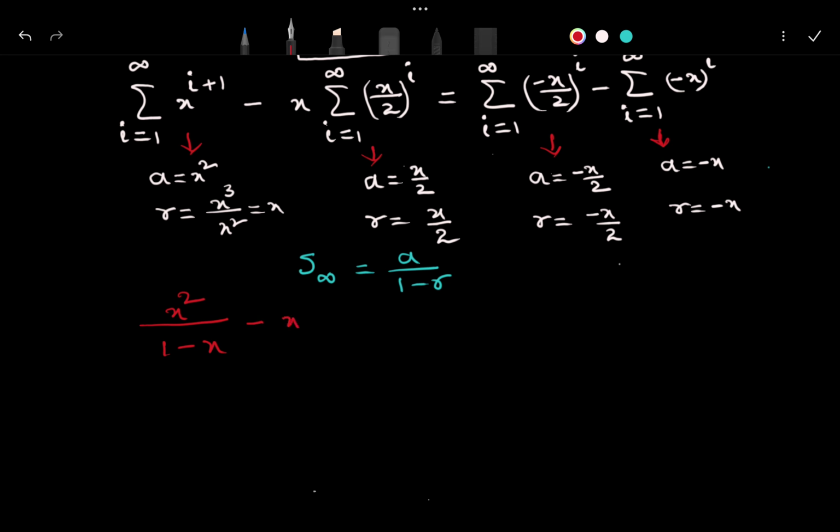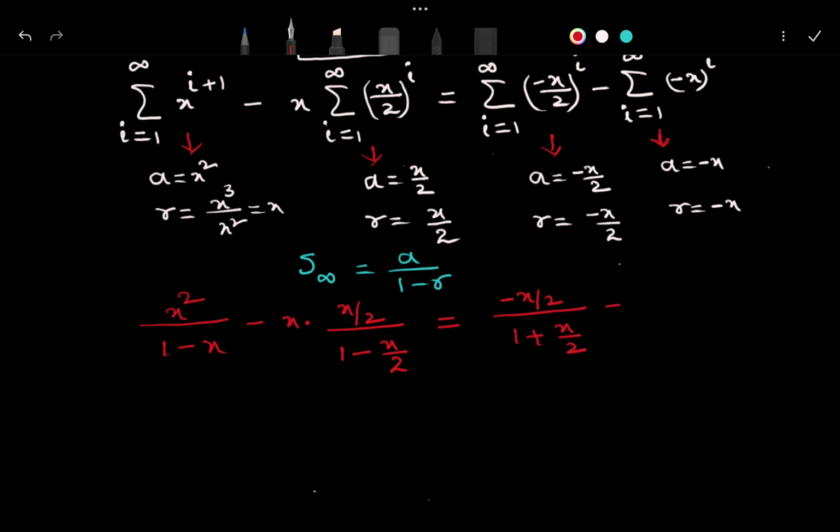Minus x into first term x by 2 divided by, common ratio is also x by 2, this one will be x by 2, is equal to, here the first term will be nothing but minus x by 2 divided by, common ratio is minus x by 2, so 1 plus x by 2.